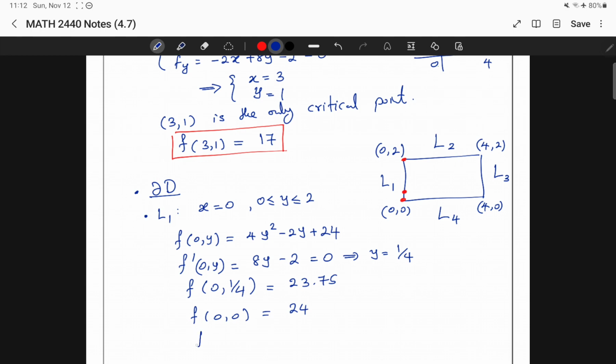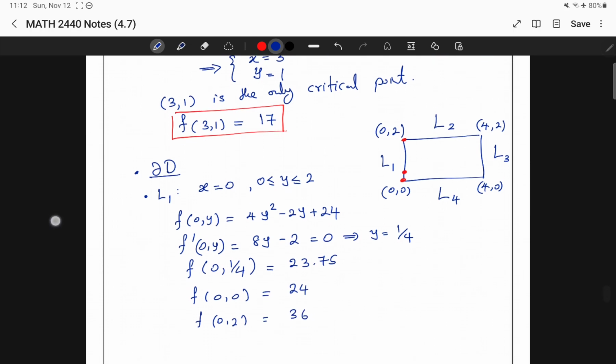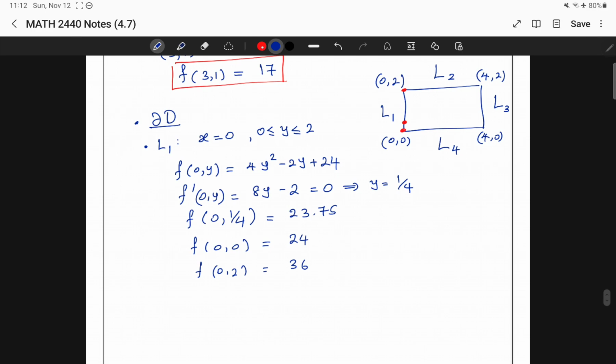Then you plug in f(0, 2), you get 36. I'm not going to show how you get all these numbers. You just plug them into the function and get the answer.